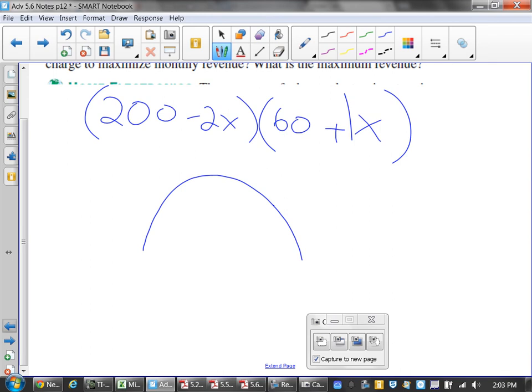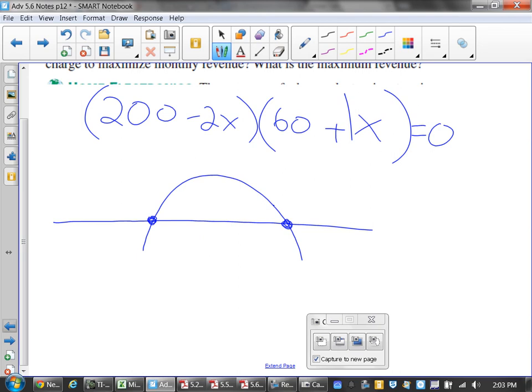I also know that at some point in time, it's going to cross the x-axis. Do you agree? If I wanted to figure out where it's crossing the x-axis, all I'm doing is finding the zeros, which is something that we have done throughout this entire chapter.